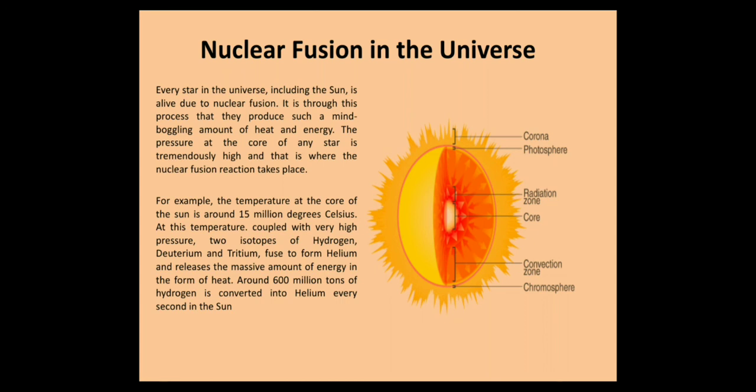For example, the temperature at the core of the Sun is around 15 million degrees Celsius. At this temperature, coupled with very high pressure, two isotopes of hydrogen, deuterium and tritium, fuse to form helium and release a massive amount of energy in the form of heat. Around 600 billion tons of hydrogen is converted into helium every second in the Sun.